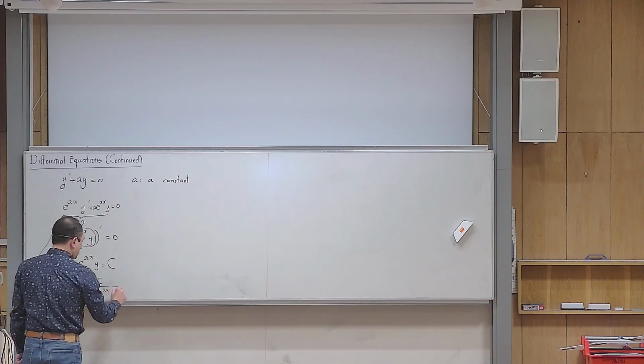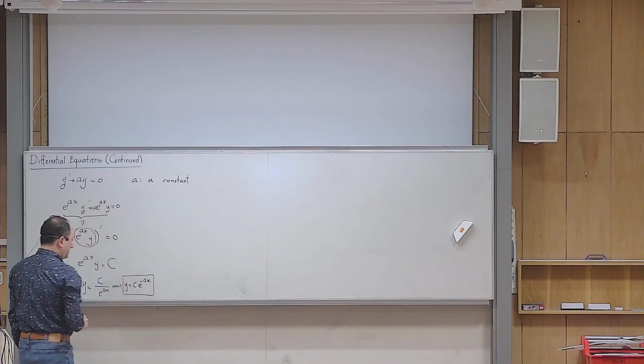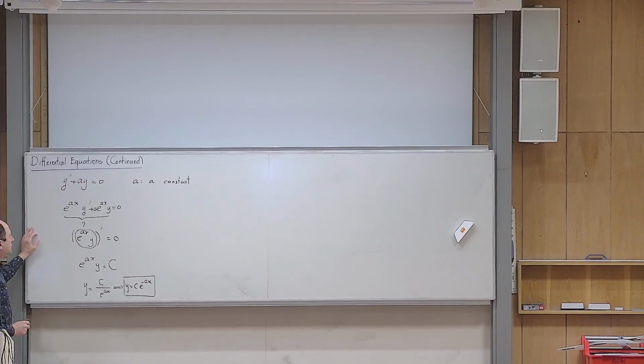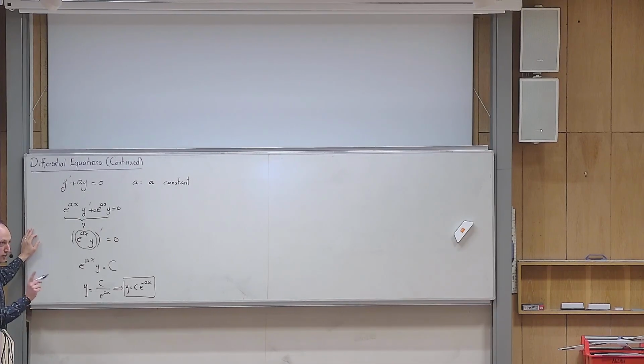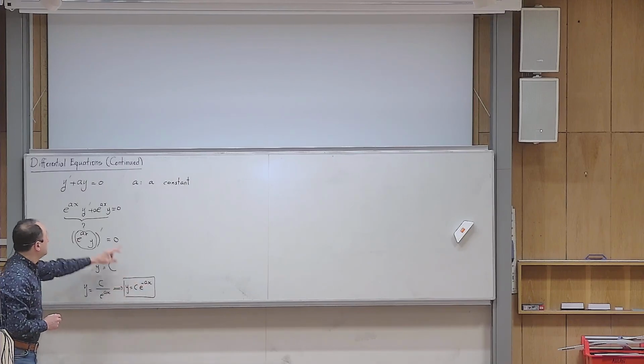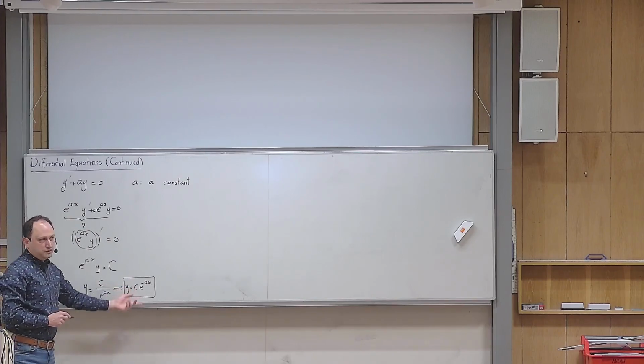So this becomes y equals c e to the power of minus ax. As you expect, this is a first order differential equation. If you want to find the general solution, you need to have one free constant parameter, and that is your c. a is not your free parameter because a is fixed in the beginning. I think you have this in the formula sheet.